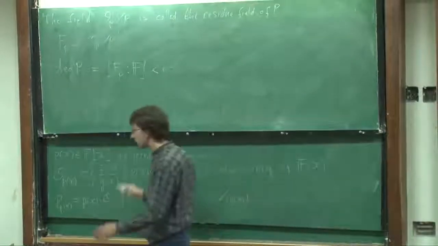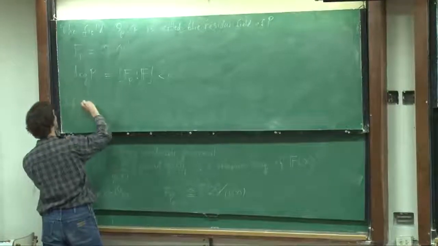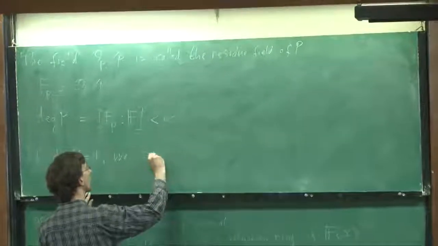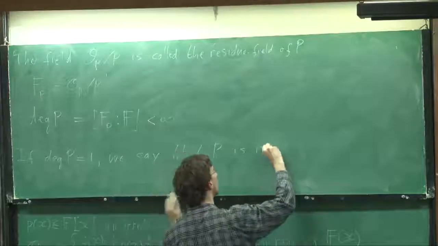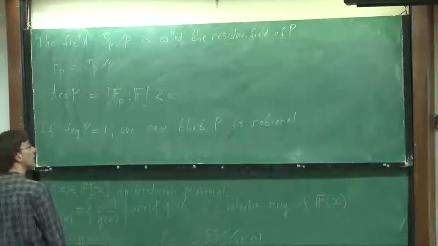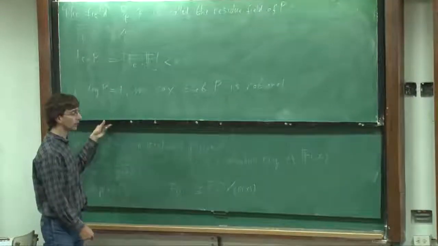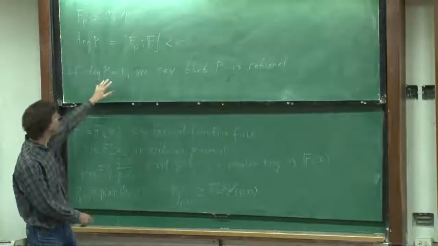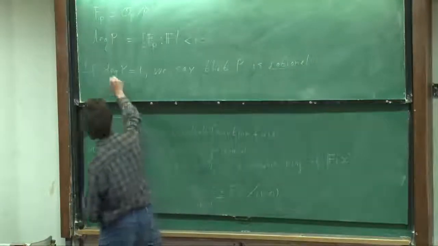So the degree is really just some positive integer. And just for future reference, if this degree turns out to be 1, which is the case in the example when we look at the place at infinity or at degree 1 irreducible polynomials, then we get rational places. That is just another way of saying that the degree is 1.